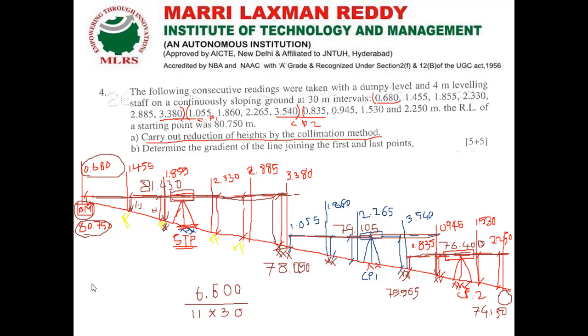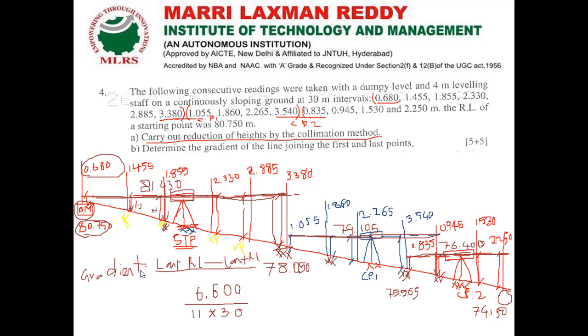Now, how do we calculate the gradient? The gradient is equal to the last RL minus first RL divided by the distance covered.